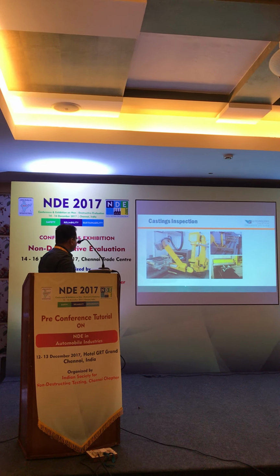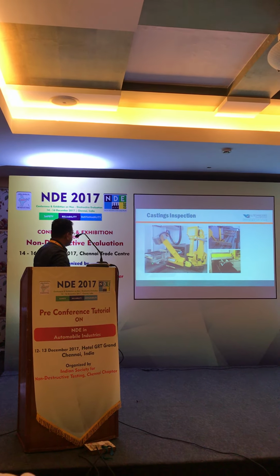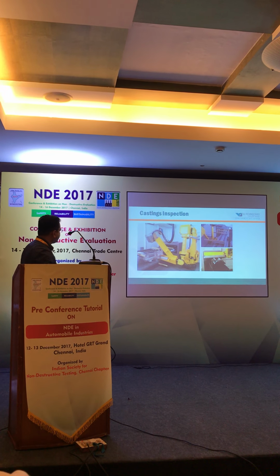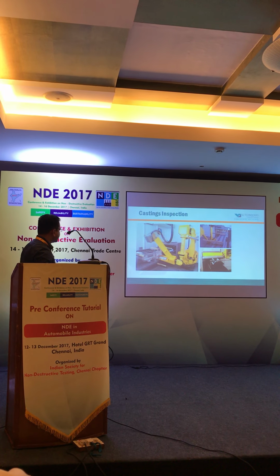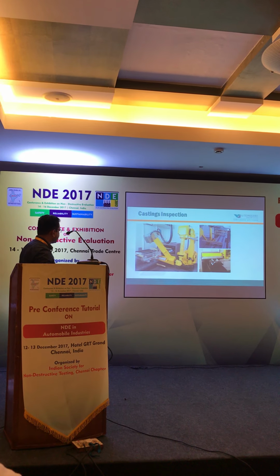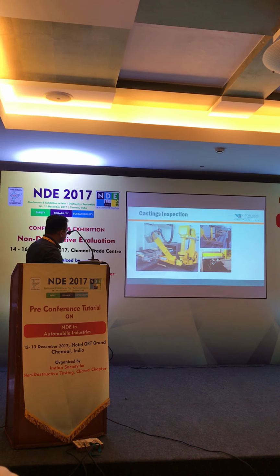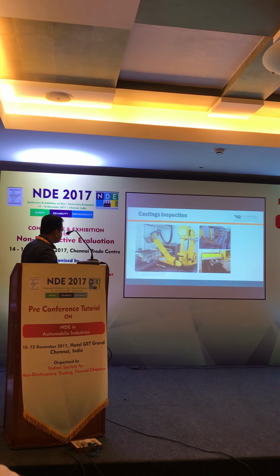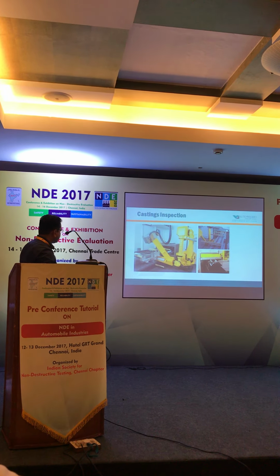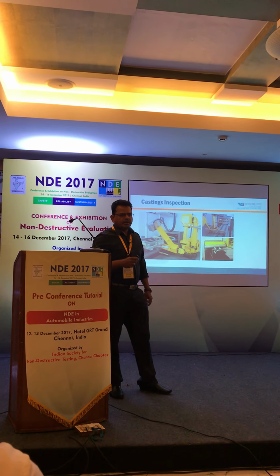Now, if you see, this is the LDA, this is the robot, and this robot has an X-ray source. This has an LDA, and this is a frame where it scans the entire part in a contour scan, which gives 100% inspection results.